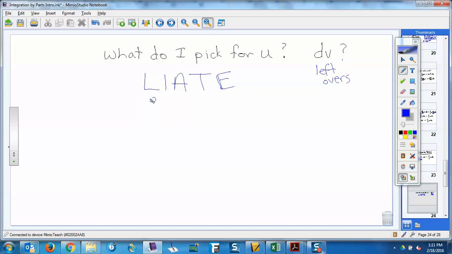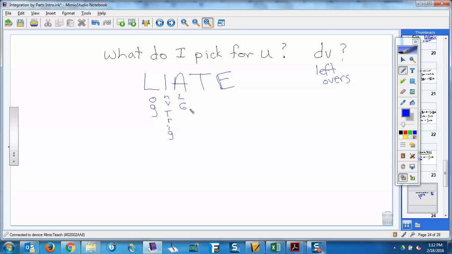So LIATE stands for log, like ln x. The L stands for log, the I stands for inverse trig. So if we see a log or an inverse trig in our problem, we want to pick that for our u. That's what LIATE is: first choices for what to pick for u. A is algebra because that's just kind of in between.